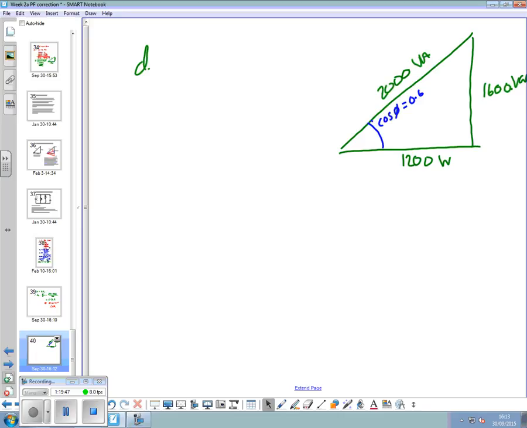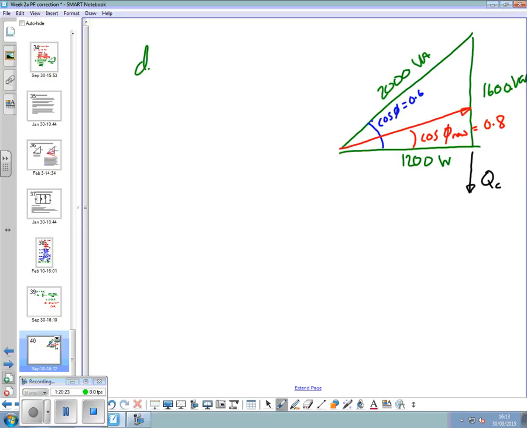What we want to do is get that in here, so the cos of that new angle is equal to 0.8. So what we need to do is introduce the QC down there that is the same length as that, effectively.